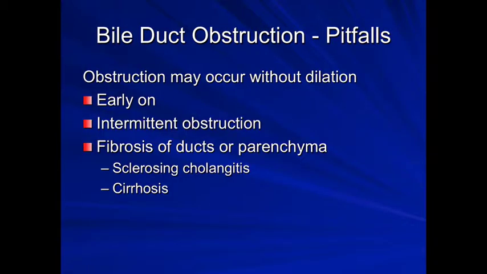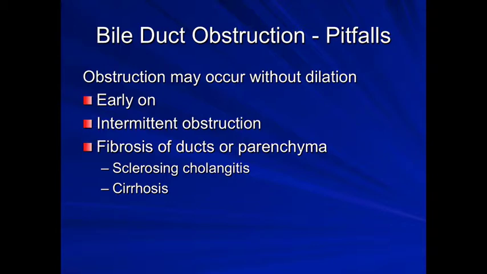What are the pitfalls? Well, first of all, you can get obstruction without dilation. This occurs particularly early on and can also occur if there's intermittent obstruction. Finally, there are some conditions where if you have fibrosis of the ducts, such as in sclerosing cholangitis, they lose their elasticity and so they are unable to dilate.